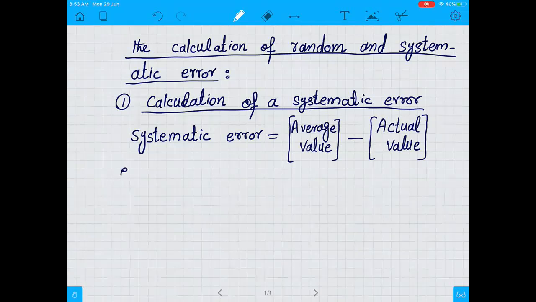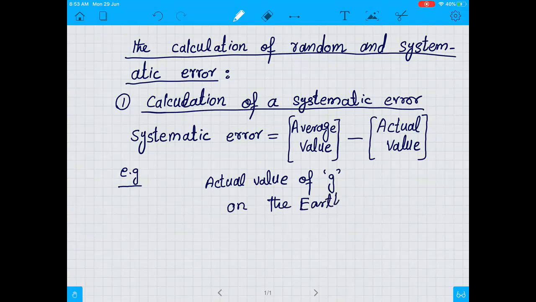For example, the actual value of G on the earth, the value of G that we accept on the surface of the earth, is generally 9.81 meter per second square. This is the actual value of G that we accept on the surface of the earth.